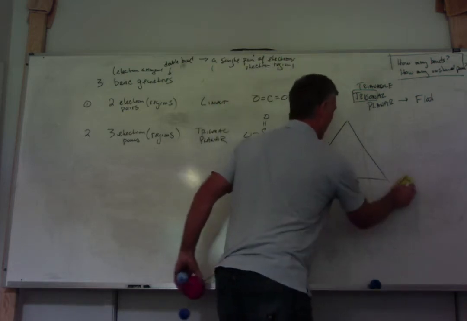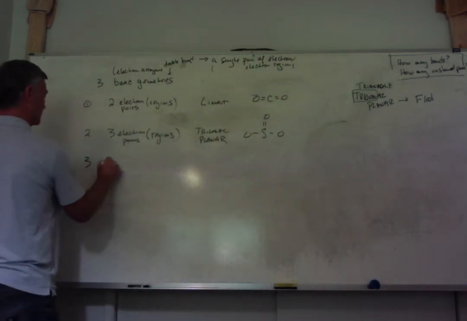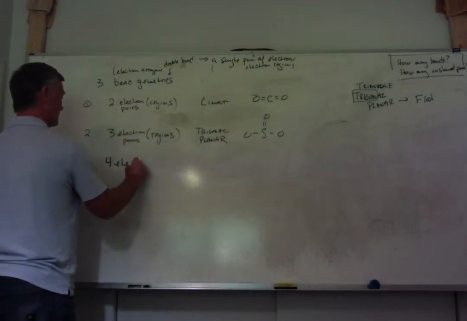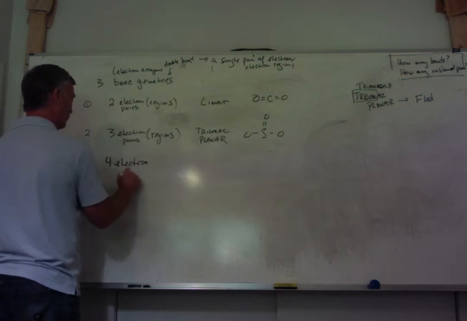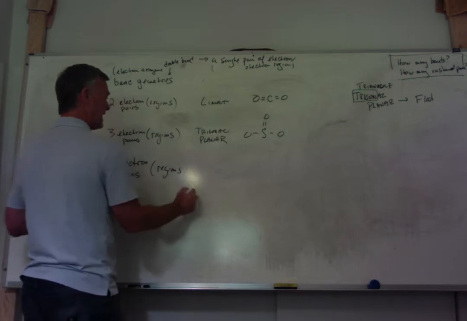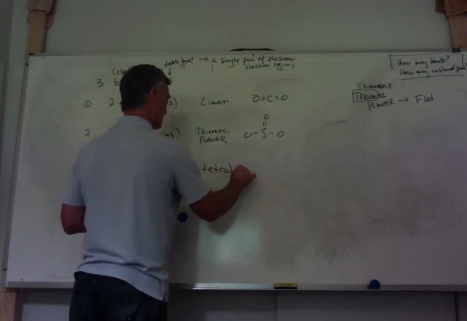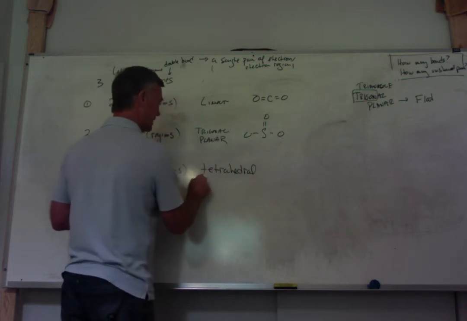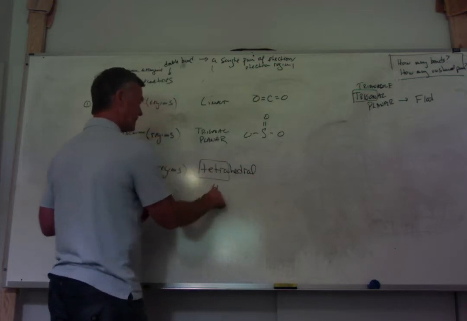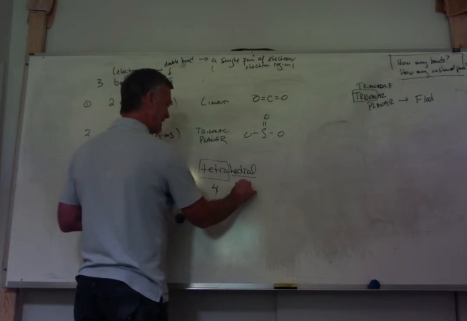And then the last one is when we have 4 electron pairs or 4 regions, and that is called tetrahedral. Now, tetra is the word for 4. Hedral means a 4-sided shape.